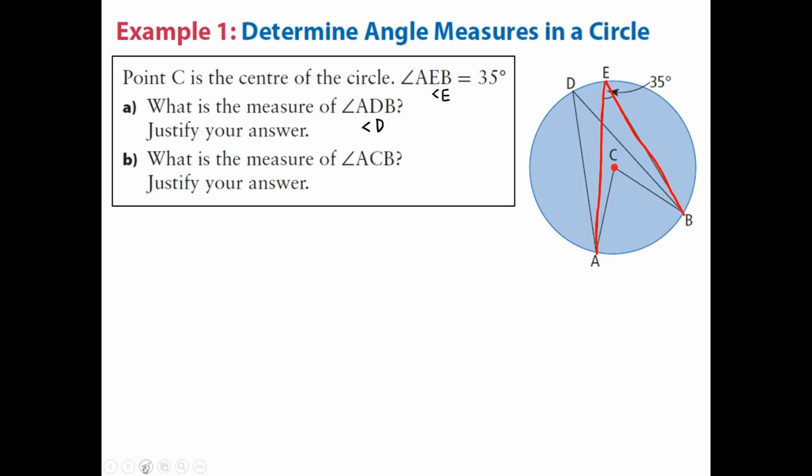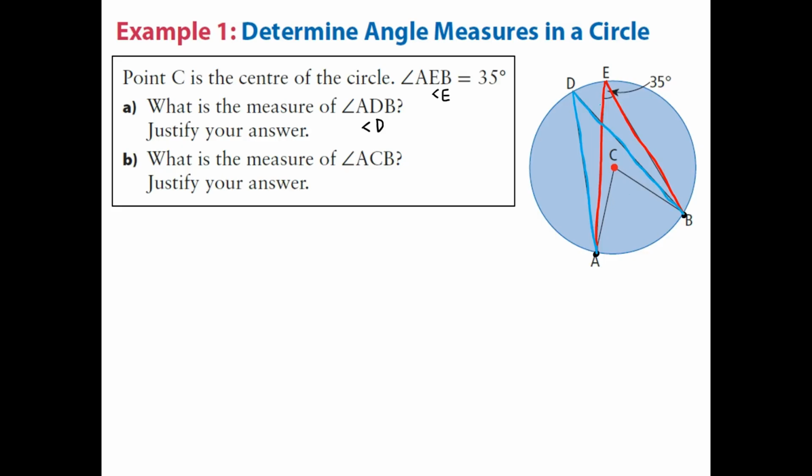Notice where the endpoints are. They're right here. So all of these triangles share the same endpoint and the same arc. So I can use some of my properties here. Let's focus on angle ADB, which I'm going to use blue to represent. It shares the same endpoint or arc as AEB.